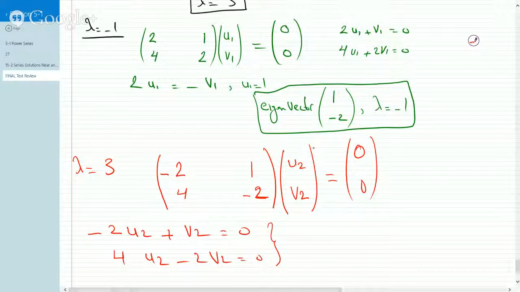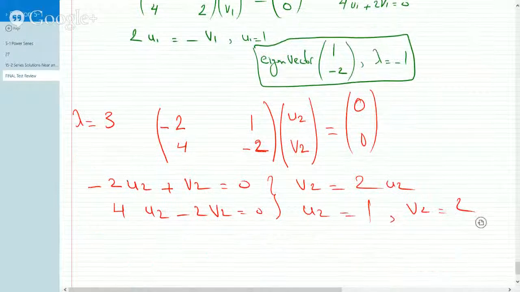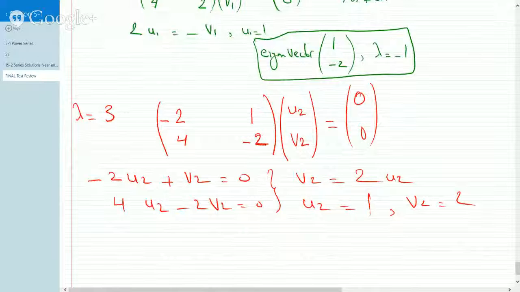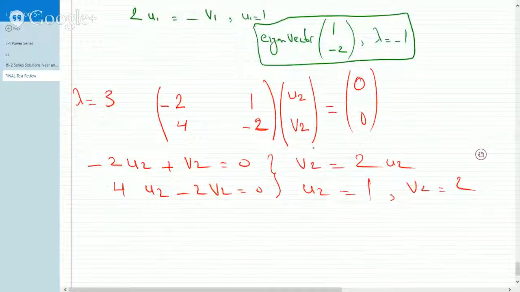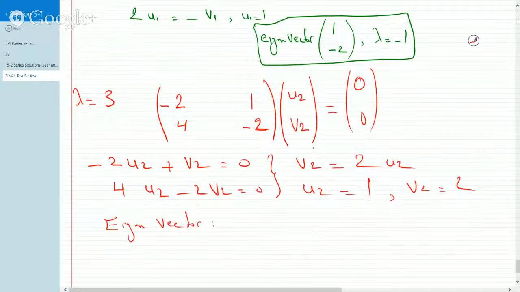Instead, we take one of them, we assign a value for one of them. Let's say u2 equals 1, so v2 will equal 2. And therefore, our second eigenvector will be u2, v2, so 1, 2, for eigenvalue lambda equals 3.